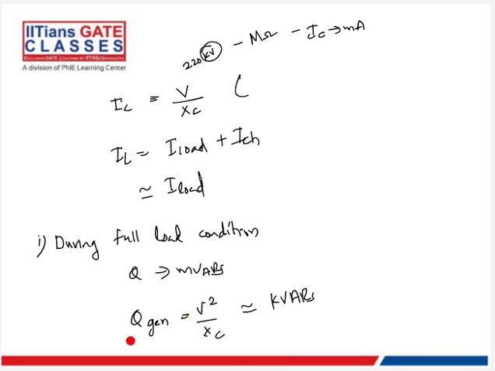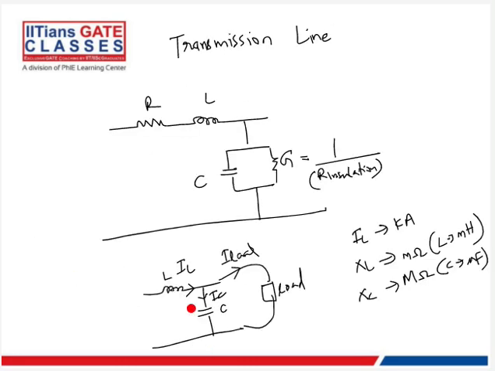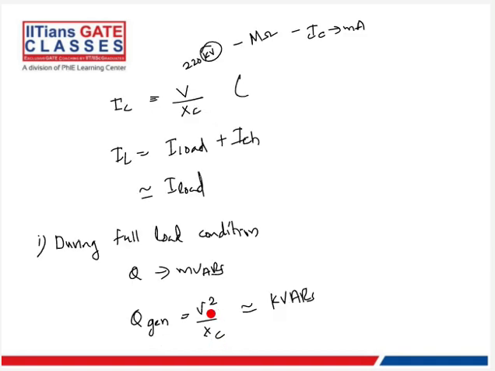The thing is that if you see the transmission line, it has a component that acts as reactive power consumption and it also has reactive power generation, right? So we are looking at the full load condition. Under full load condition, I load will be in terms of kiloamperes, right?